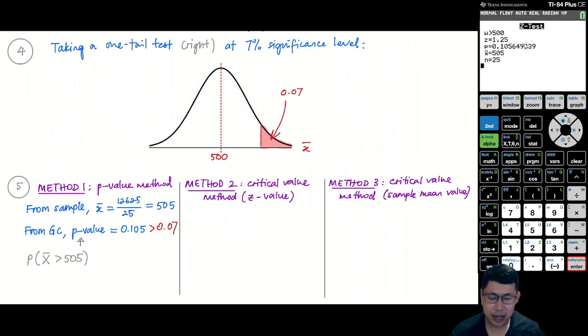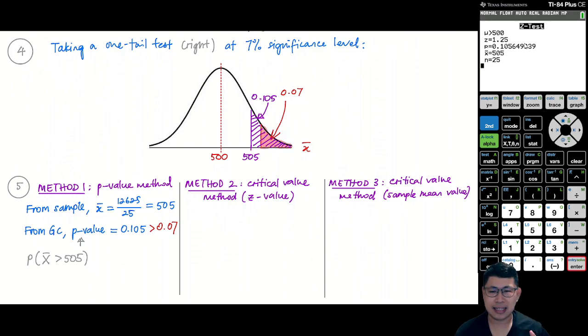This is the probability that we are going to look for, because we want to check where 505 is and what the probability is. Based on the p-value, the area shaded by 505 is 0.105, and because this area, 0.105, is greater than 7%, 505 must be outside this red region.